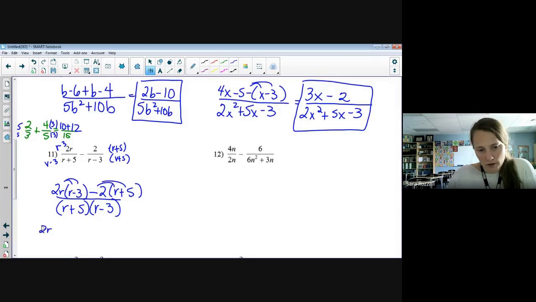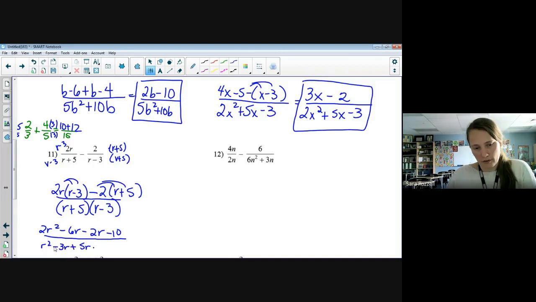So 2r squared minus 6r minus 2r minus 10. And let's go ahead and FOIL our denominator. r squared minus 3r plus 5r minus 15.